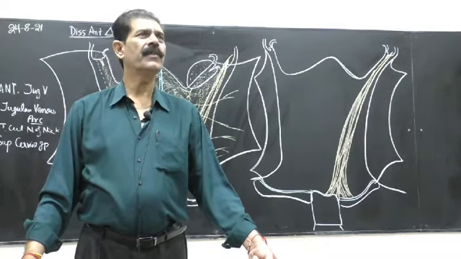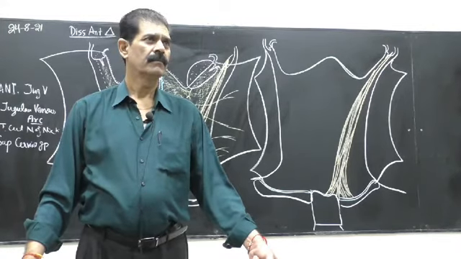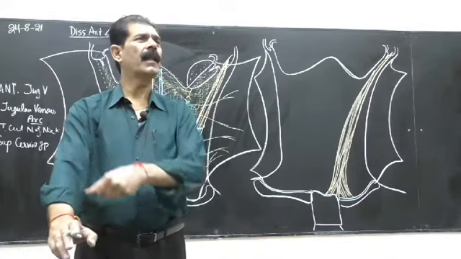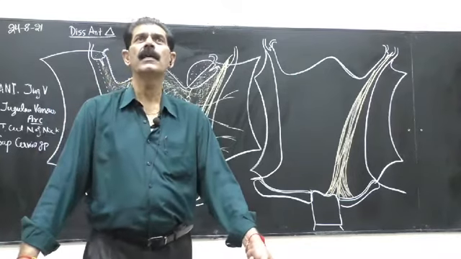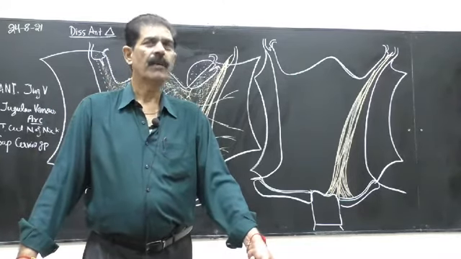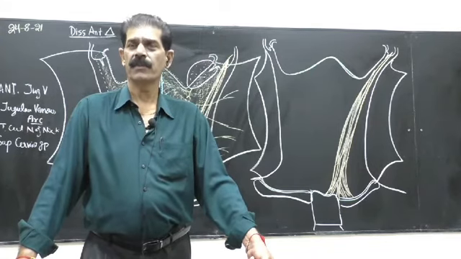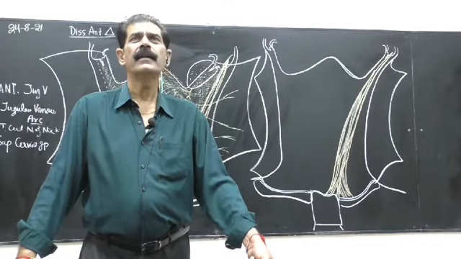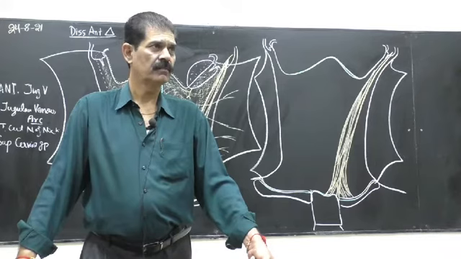Second specialty of the facial muscles is that all are subcutaneous. They all lie below the skin. All other muscles in the human body lie below the deep fascia. They are the deep structure. The fourth layer of the human body is the skeletal muscle. But in the face, they are all below the skin because of the absence of the deep fascia. And third specialty of the facial muscles is that they are the muscles of expression.